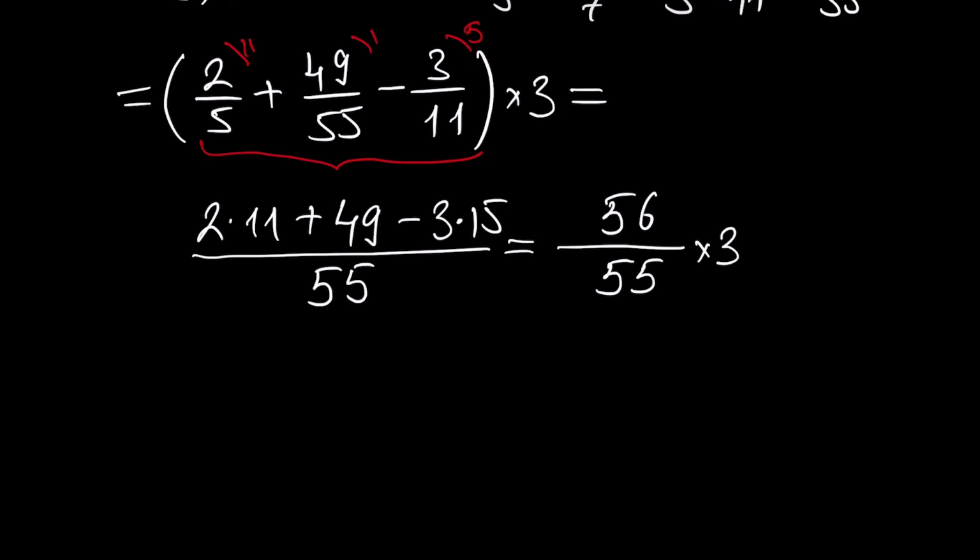So we calculated our A. Let's leave it in this form and not multiply 56 by the number 3. In this form, it will be much more comfortable to continue, and you will see it.